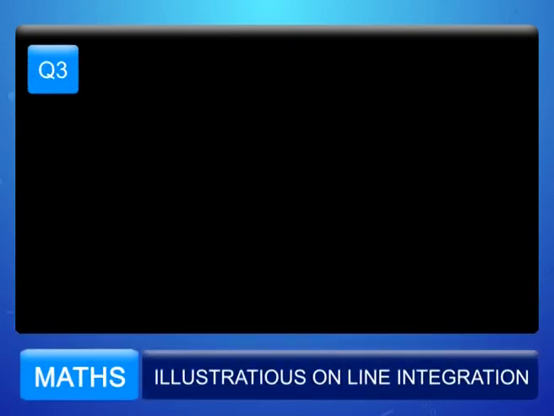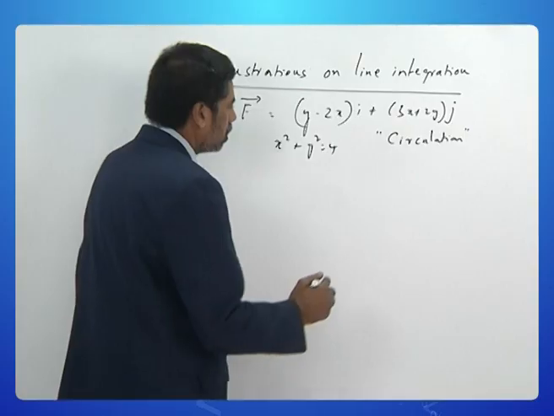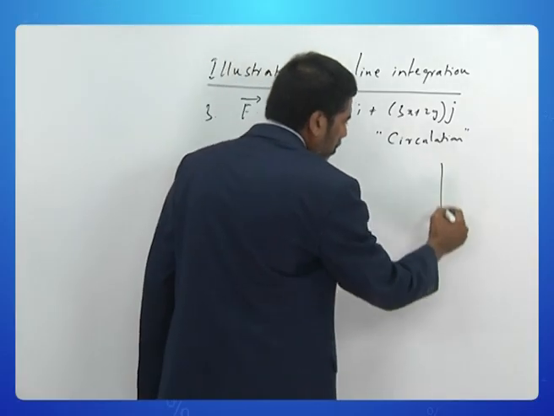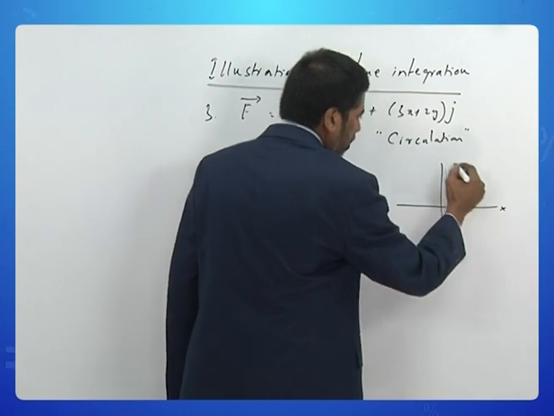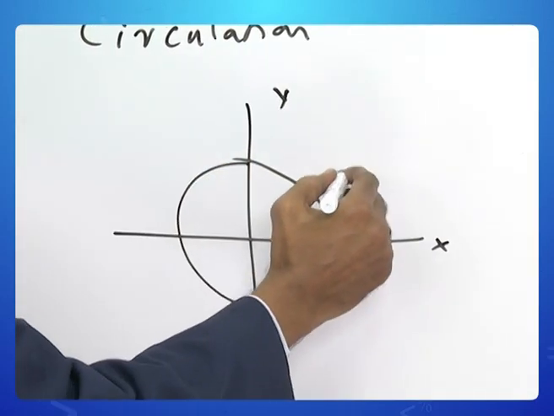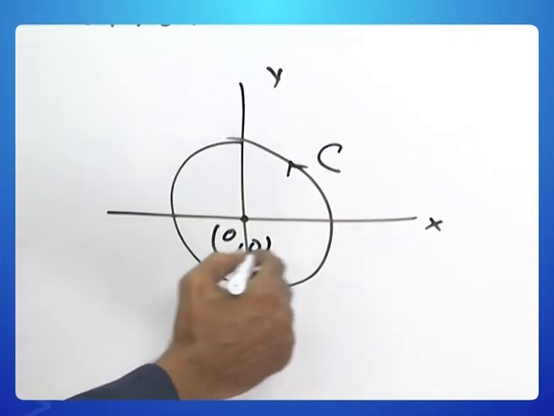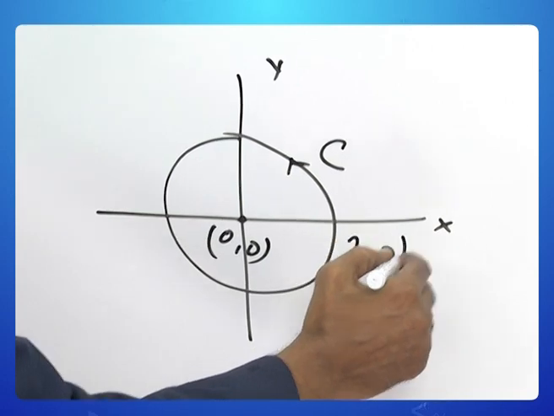What is the circulation of the field F is equal to (y minus 2x) i plus (3x plus 2y) j about the circle x square plus y square is equal to 4? Now we know this is a circle centered at the origin and with radius 2.